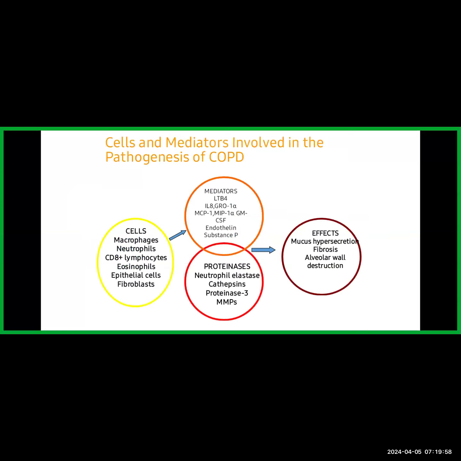So these are the cells involved in the pathogenesis of COPD, unlike in asthma. We can see at the top here, macrophages, neutrophils, and CD8 lymphocytes. In asthma, as we said, it is eosinophils, mast cells, and CD4. And we can see even the mediators differ. At the top here, we have leukotriene B4, unlike in asthma, and some other proteases and other cells.